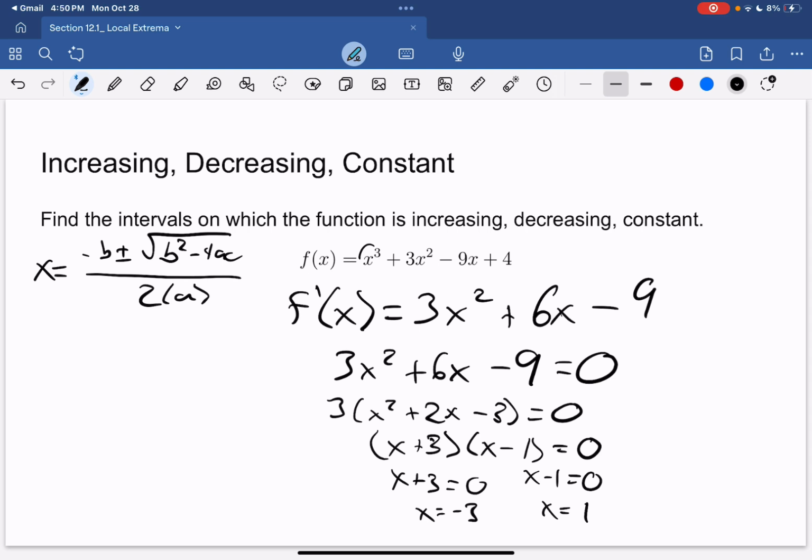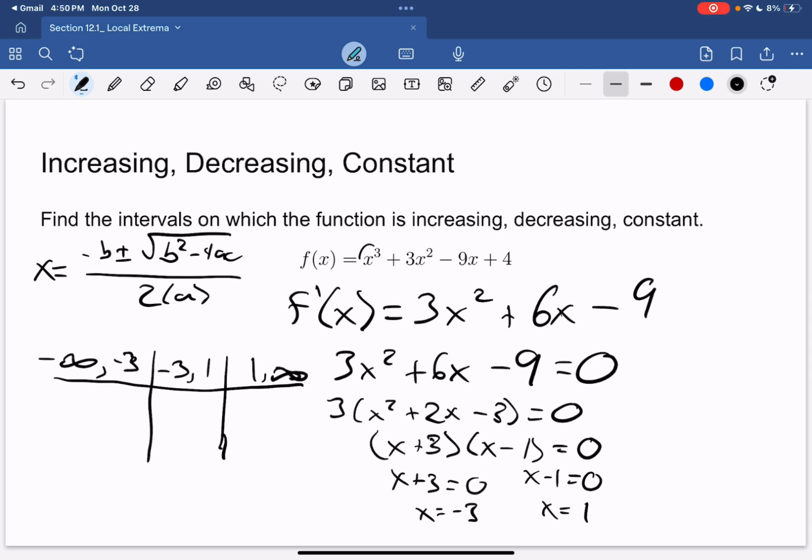I know something big happens at negative 3, and I know something big happens at 1. So if I look from negative infinity to negative 3, something's going to happen. If I look from negative 3 to 1, something's going to happen. And then if I look from 1 to positive infinity.